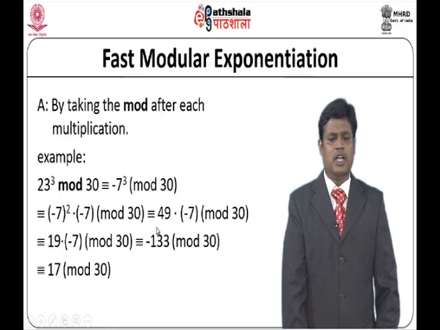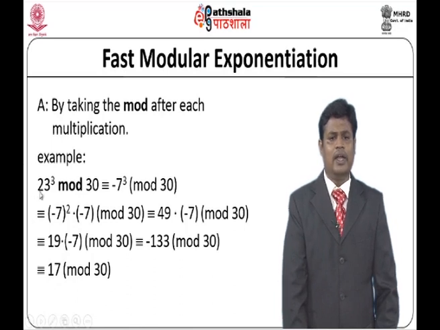Now 7 square is 49, so 49 times minus 7 mod 30. 49 mod 30, the remainder is 19. So we will get 19 into minus 7 mod 30, that is minus 133, that is congruent to 17 mod 30. So what is the final answer?